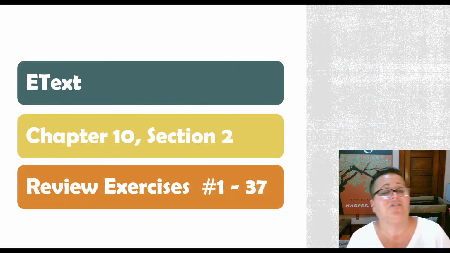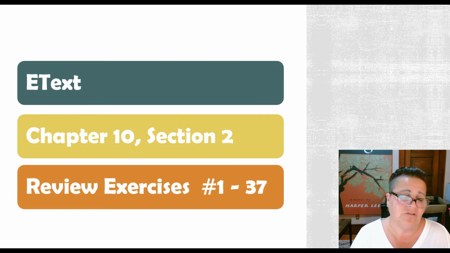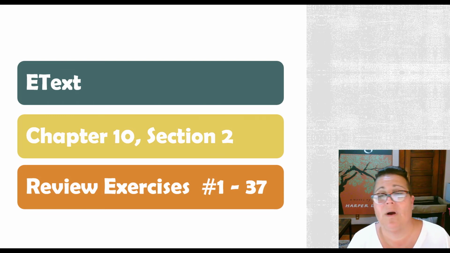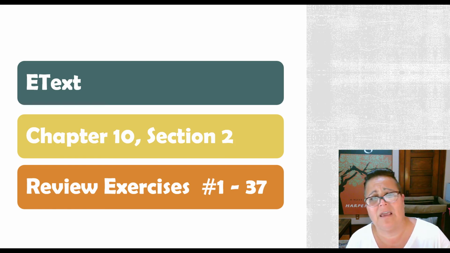If you're ready for additional practice, you will find it in your e-textbook in Chapter 10, Section 2. There are review exercises. I would recommend doing 1 through 37. It's not all of the problems, and I think I've avoided the part 2 in this particular review section.